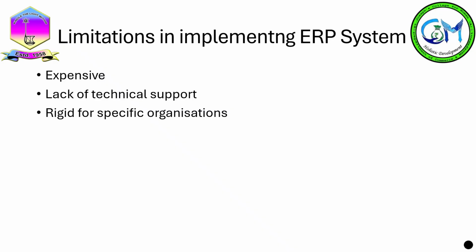Another disadvantage is lack of technical support. Most organizations may not have efficient managers to support the ERP systems technically in the business. Another limitation is that it is rigid for specific organizations. ERP systems may be too rigid for specific organizations that are either new or want to move in a new direction in the near future.